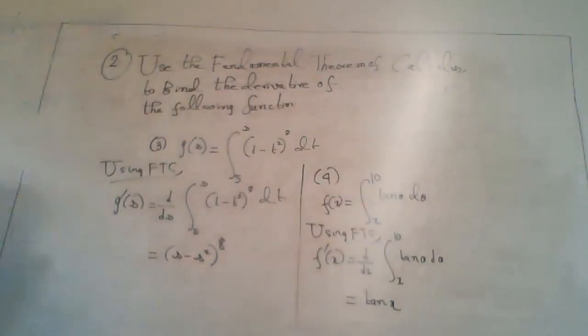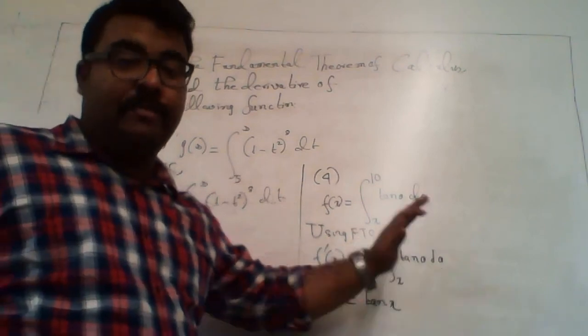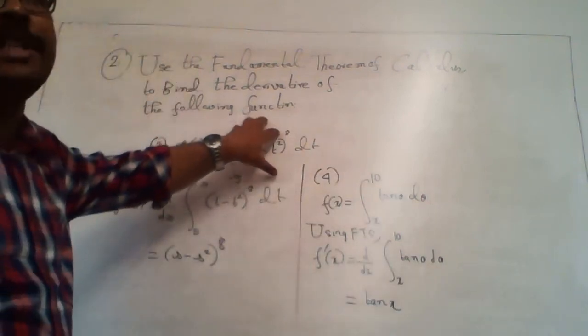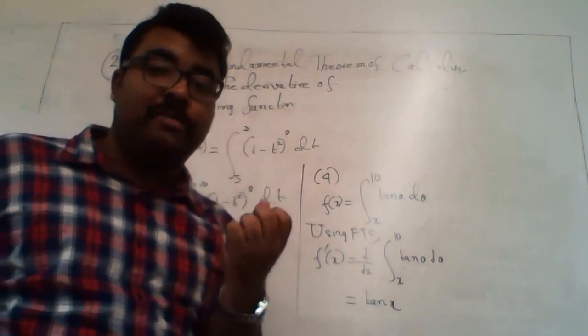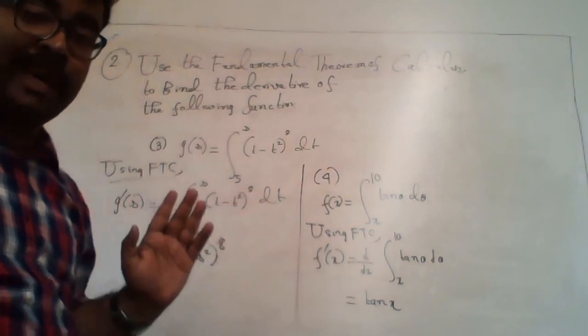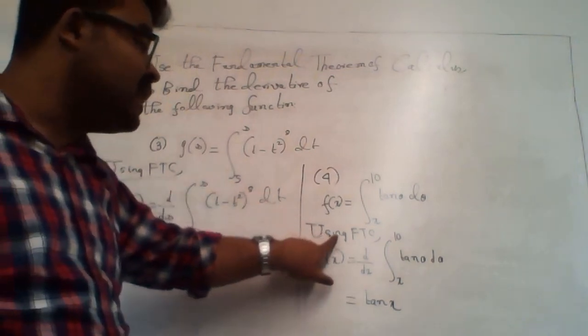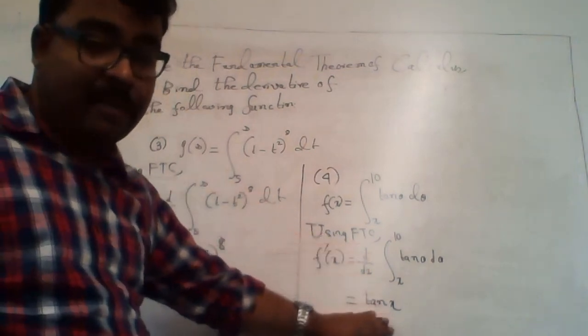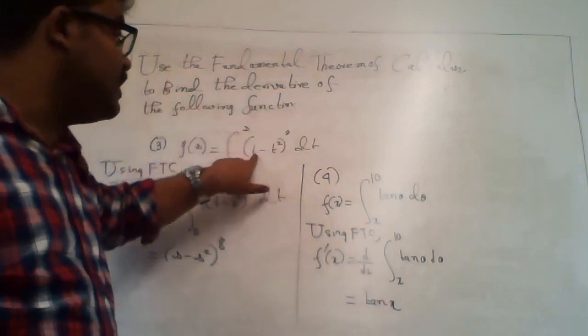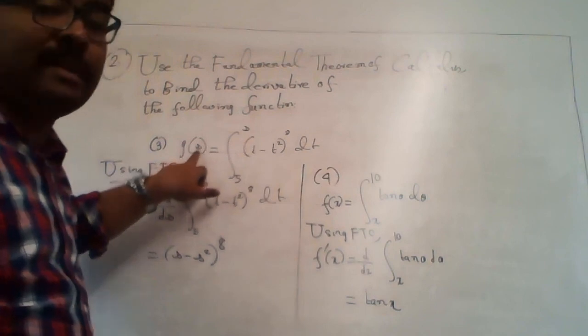I'm saying again, these sums are very important. Whenever you have a function which has an integral in it and you are asked to find the derivative, you will understand that you have to use the fundamental theorem of calculus. Very easy. Just write using FTC and your final answer will be whatever was inside the integral, with the variable replaced by the variable of my original function.